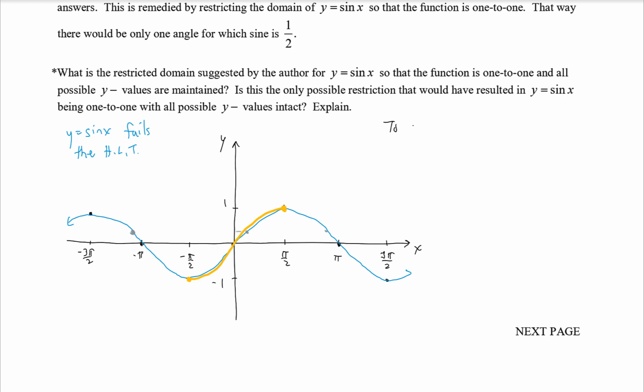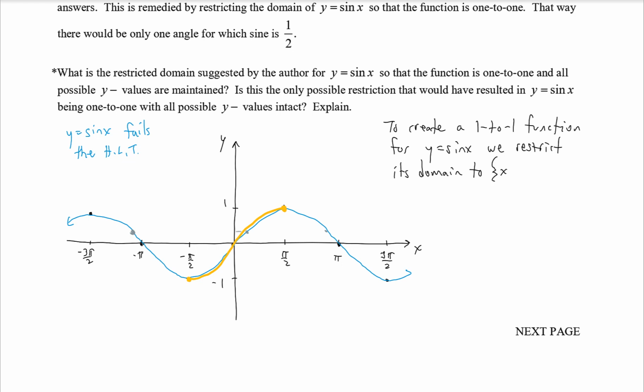So to create a one-to-one function for y equals sine of x, we restrict its domain. Again, terrible handwriting.